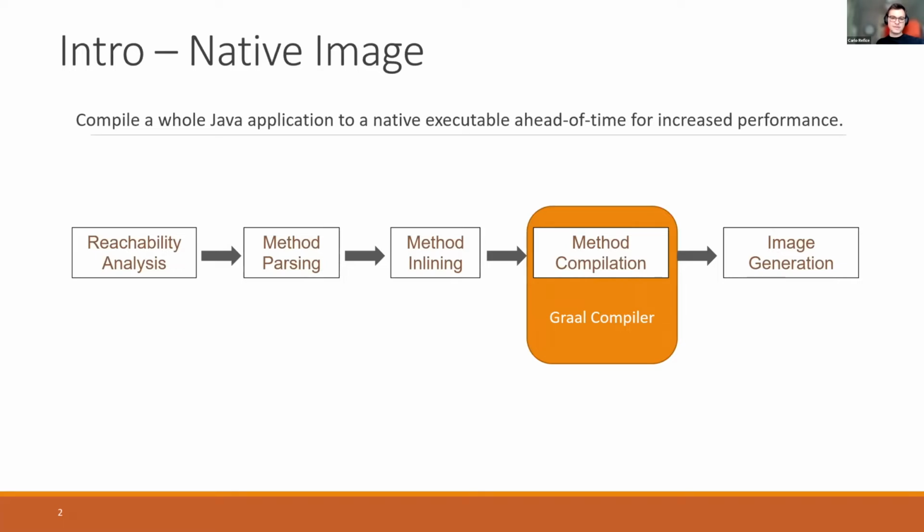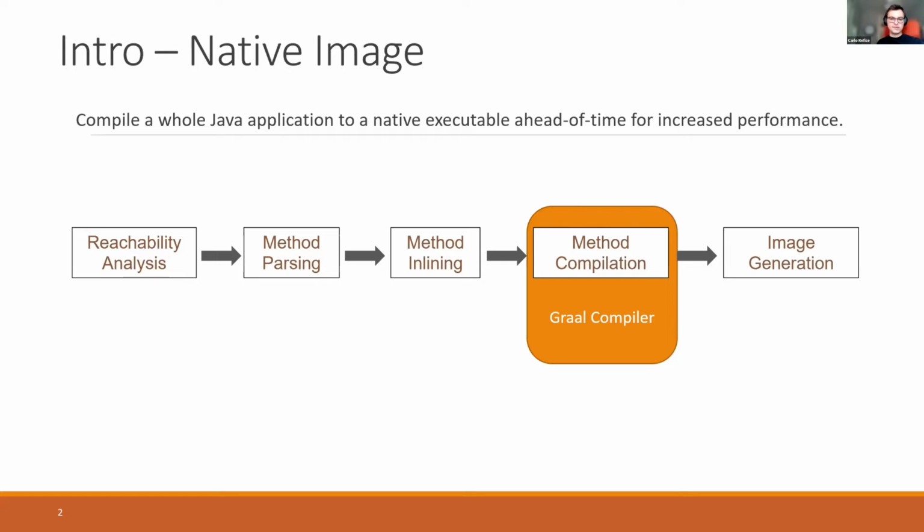So yes, native image, its purpose, once again, at a very high level, it tries to compile a Java application to a native executable called image ahead of time for a number of improvements, performance obviously being one of them.